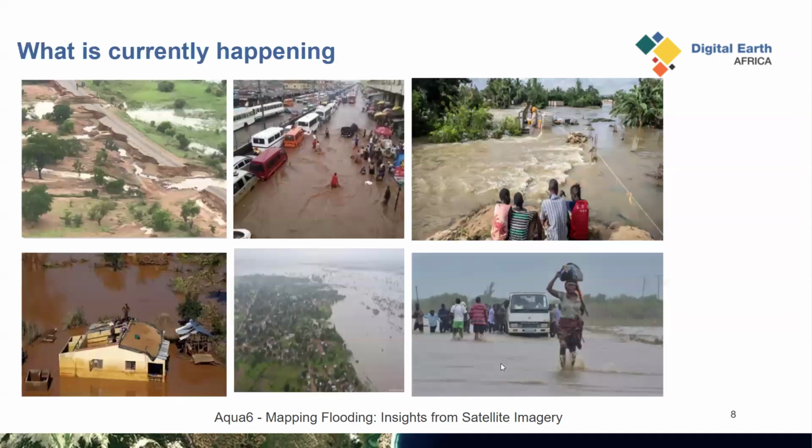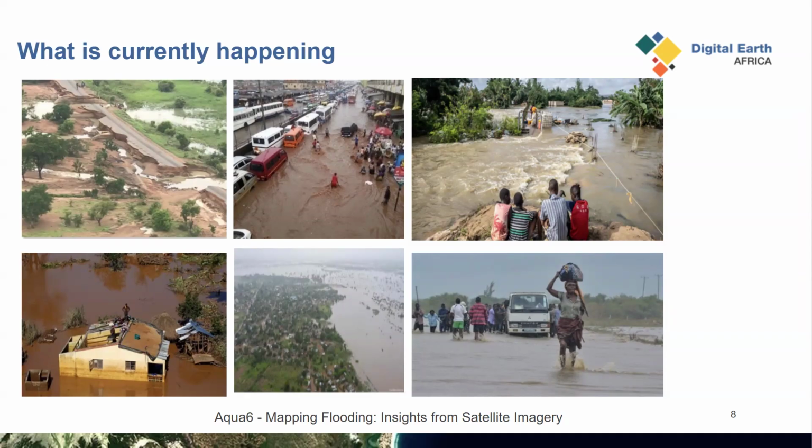Next slide, please. These pictures show the impact that floods have on our communities, on our lives and the infrastructure. The first picture shows how floods can damage the infrastructure, the road is damaged. The second one shows how people are affected, their houses are underwater, their daily lives are affected.